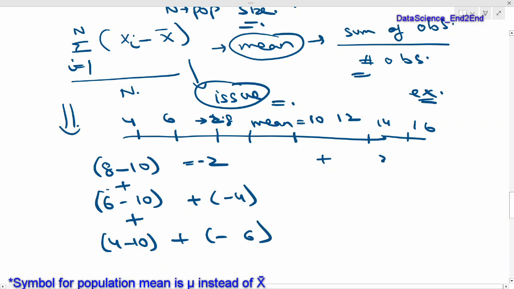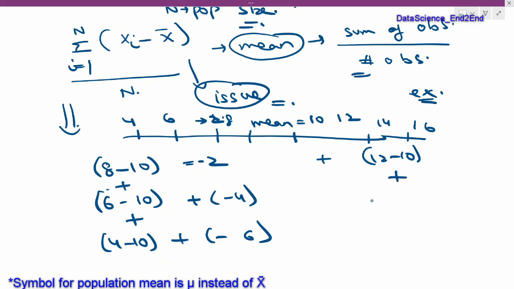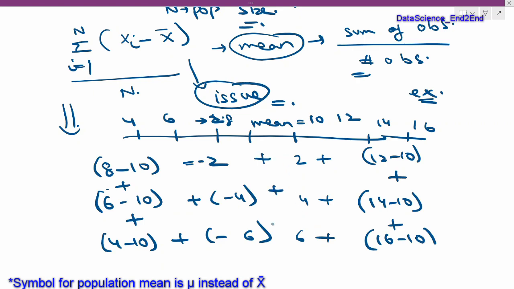Similarly, we will do 12 minus 10 plus 14 minus 10 plus 16 minus 10. Here, if you see, we are adding plus 2 plus 4 plus 6. And if you add everything, that is the sum of all the deviations, it will come out to be 0.